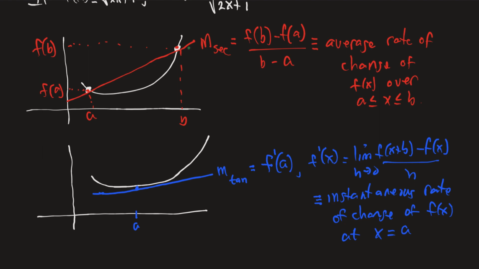So now we have the complete analogy or parallel between these two things. But here are the key differences. Average versus instantaneous. Over an interval versus at a point. That's the distinction between just an algebraic calculation versus a calculus calculation, right?